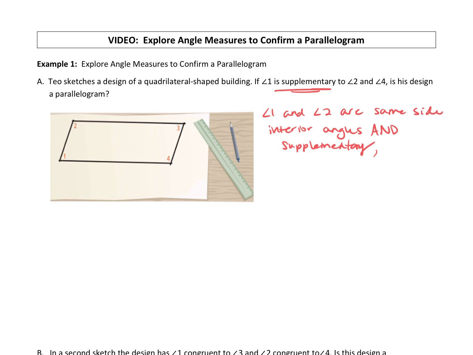Angle 2 is formed by the left side and the top side. So that left side would be the transversal, and because angles 1 and 2 are supplementary, we have parallel lines. So the top side and the bottom side are parallel.